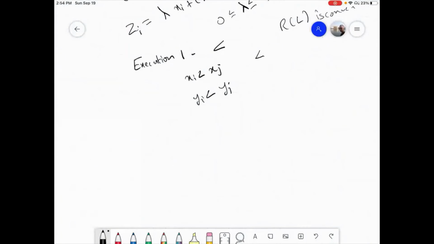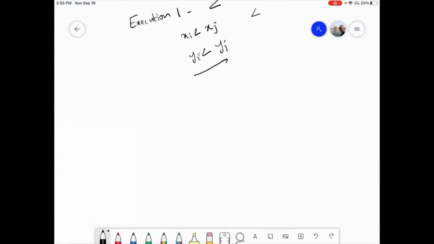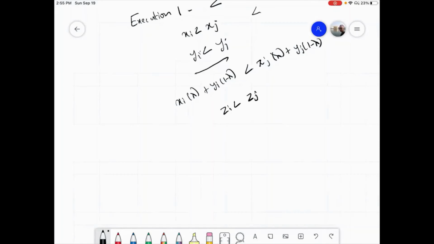So what we do is we multiply lambda for this equation, and we multiply 1 minus lambda for this equation, and we add both those equations. So when we do that, we end up having xi of lambda plus yi of 1 minus lambda is less than xj of lambda plus yj of 1 minus lambda. So when we do this, we end up having zi is less than zj.